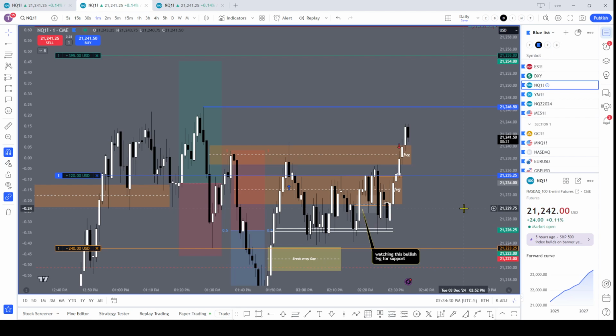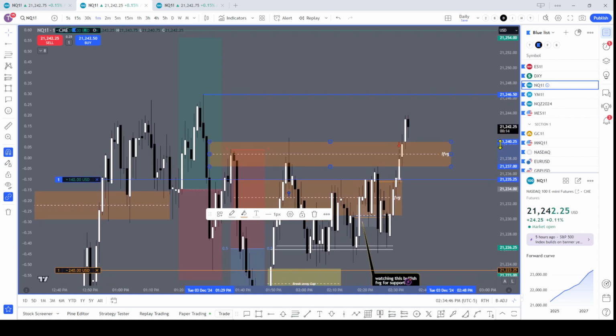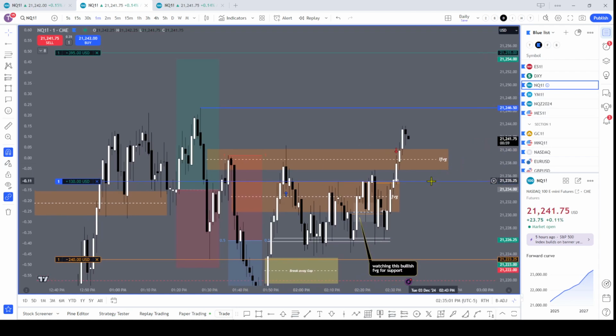Just close above the inversion fair value gap. Come down and touch the high of it. We want to watch the midpoint of this wick. We could be looking at an immediate rebalance, crossing over this swing high, instead of creating a fair value gap, to create an immediate rebalance. Could take off from here.